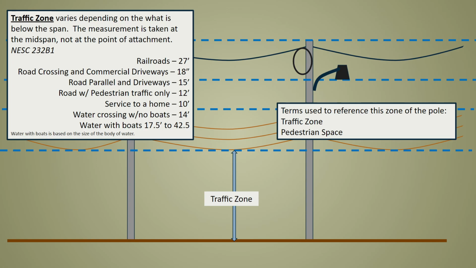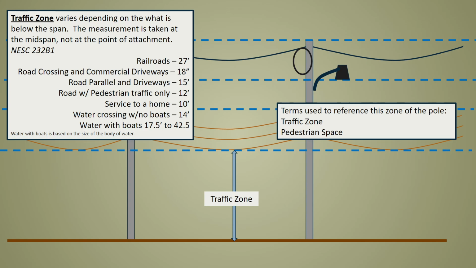And then the one that is most difficult, which is your water crossings. So when you have a water crossing and it says no boats, what it means is boats with motors. So if it's a body of water that you could do a canoe or a kayak on, that could be 14 feet. But for any body of water where you could actually use a motor, it is the jurisdiction that has ownership of that body of water that determines what that height is.